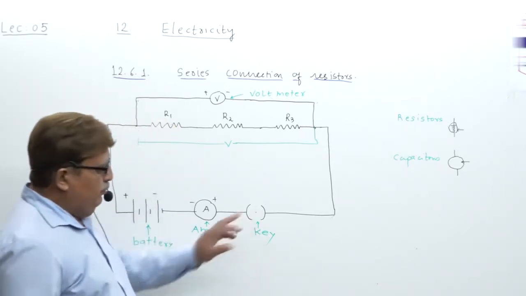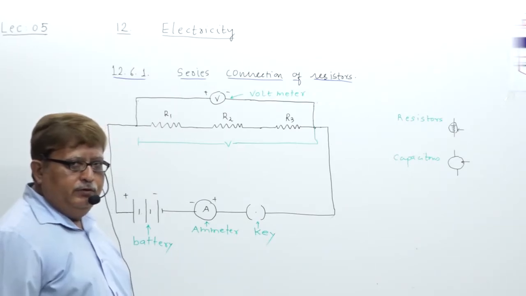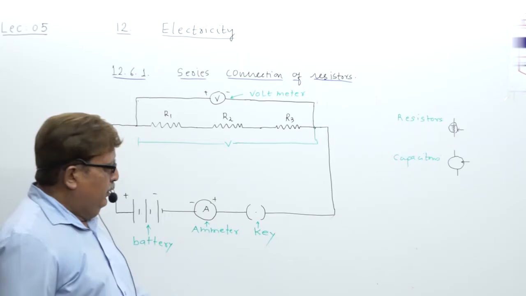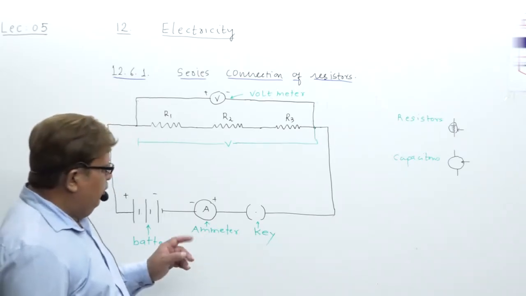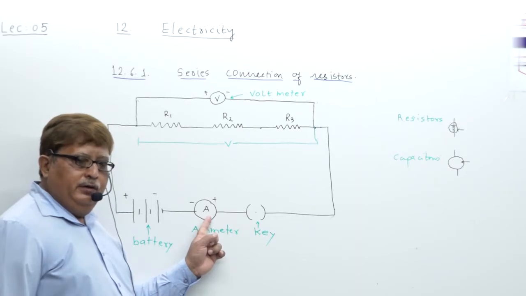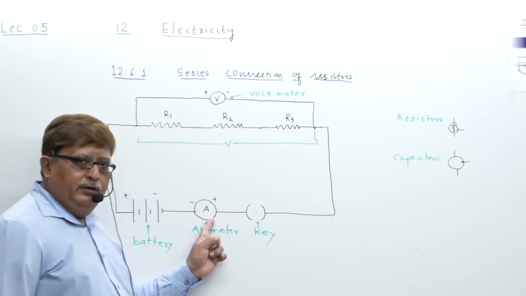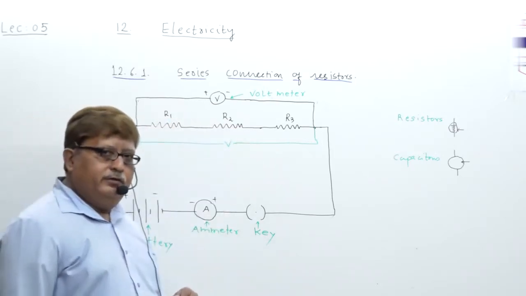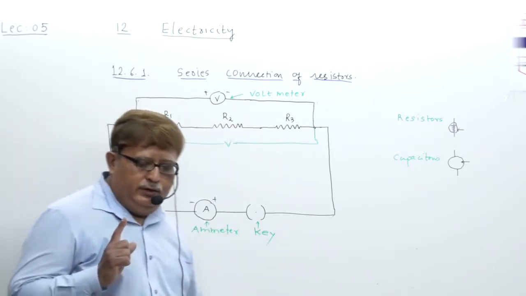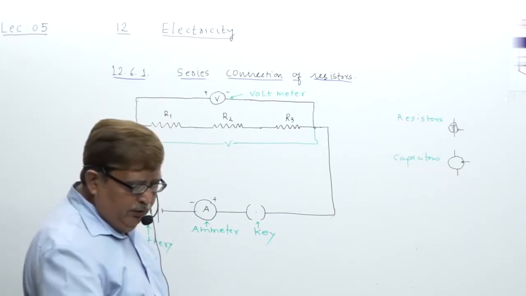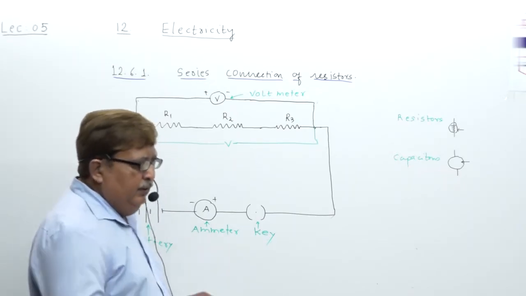If you close the circuit by switching on this key, what will you find? The ammeter reading, that is the reading of current, will be similar in all three resistors. So, my dear student, try to understand one very important aspect.